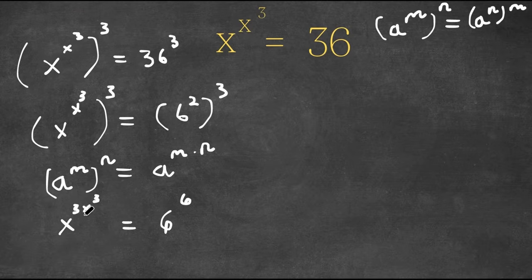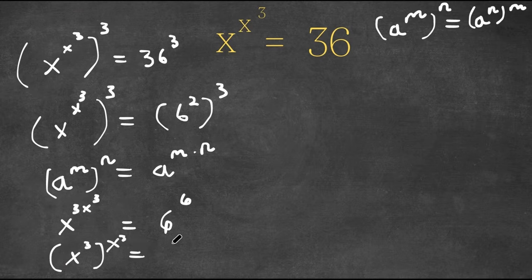So then x to the power of 3 to the power of 3 times x to the power of 3, this would equal x to the power of 3 to the power of x to the power of 3. This is equal to 6 to the power of 6.